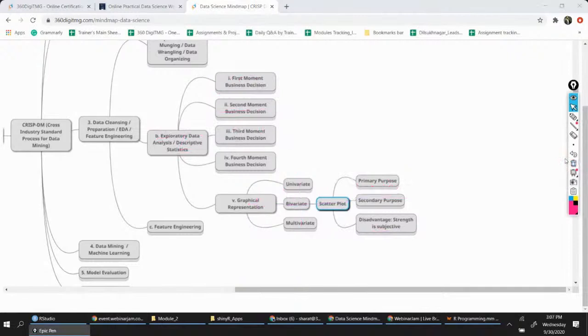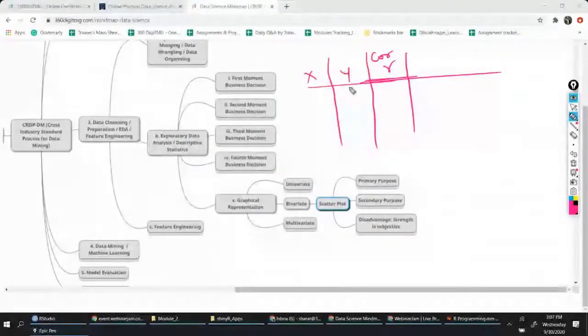So we'll also try to record these calculations that we have done, which is nothing but small r. This is the correlation value, which talks about the relationship between x and y. What is x? X is speed, the car's speed.